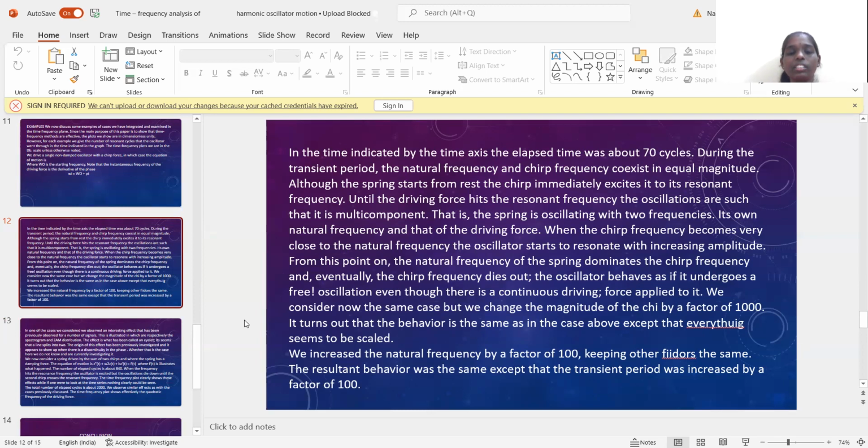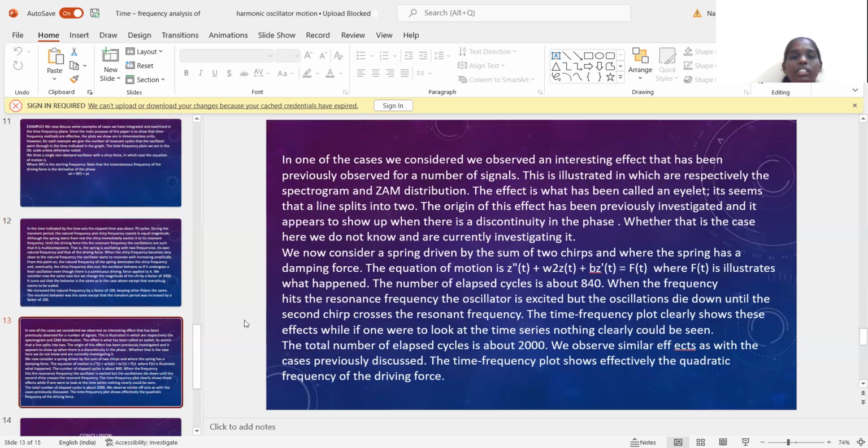We increased the natural frequency by a factor of 100, keeping other variables the same. The resultant behavior was the same, except that the transient period was increased by a factor of 100.